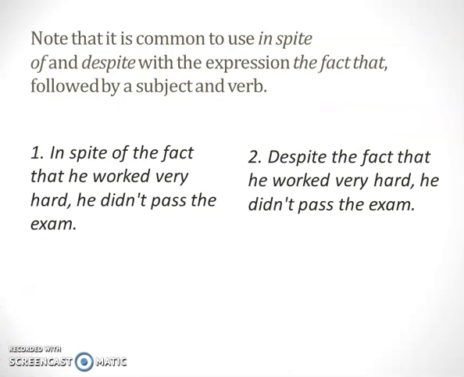In the previous slide, I mentioned that after in spite of and despite, we use a noun or the ing form of the verb. But there is an exception.